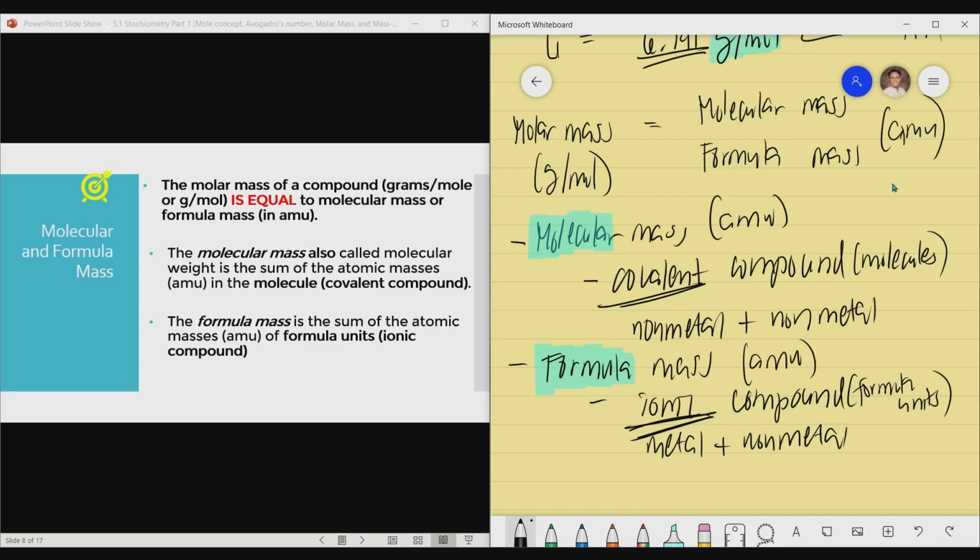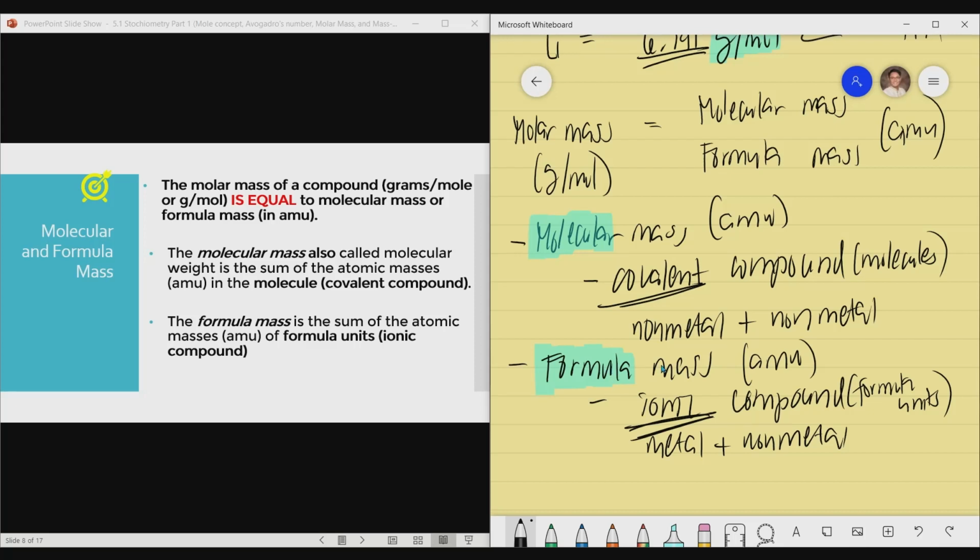Parehas lang unit, ang pinagkaiba lang ay gamit ng paglilabel. So, kung covalent ang compound mo, ang label o pangalan na ibibigay mo ay molecular mass sa kanyang bigat. Ngayon, kung ionic naman ang compound mo, ang itatawag mong label o pangalan sa kanyang mass ay formula mass.